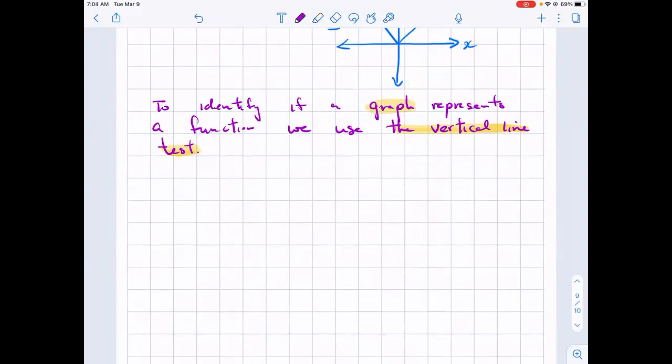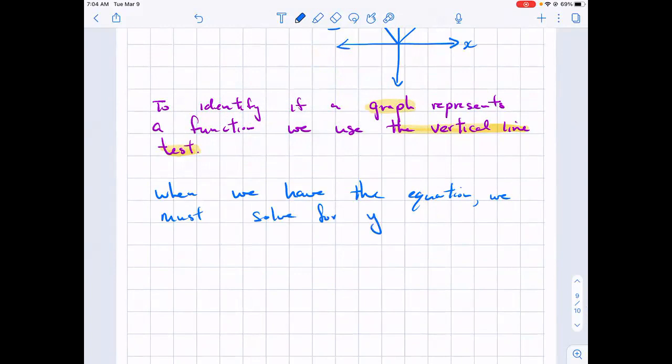Now, when we have the equation, we must isolate, or if you don't want to say that, we must solve for y, to confirm that y is a function of x.